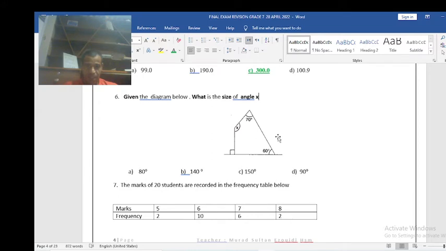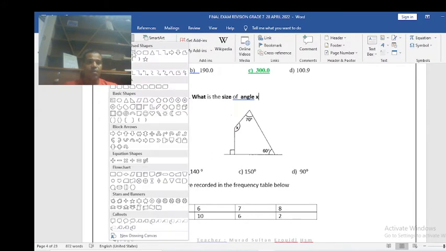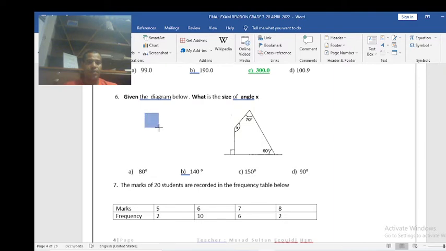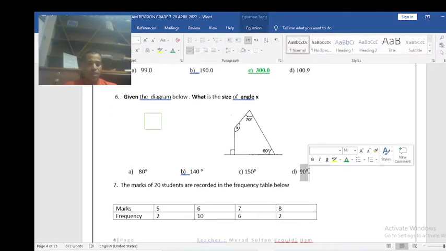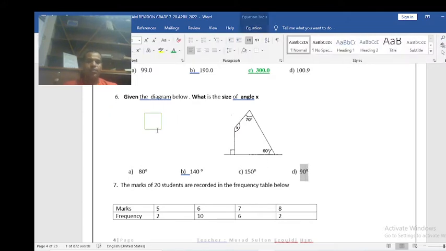I will just use a square. This is, learners, 90 degrees.